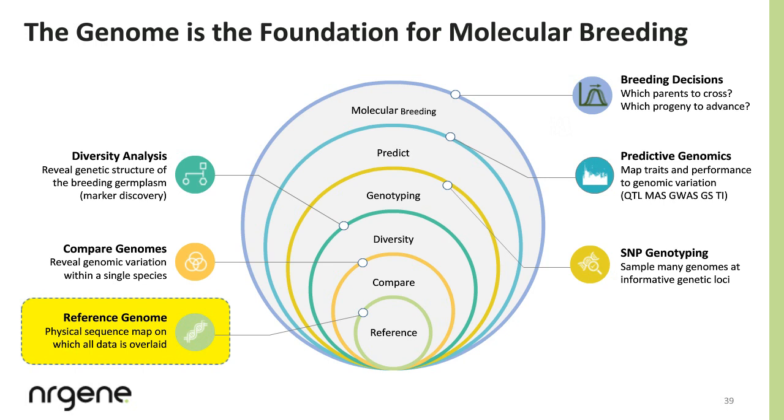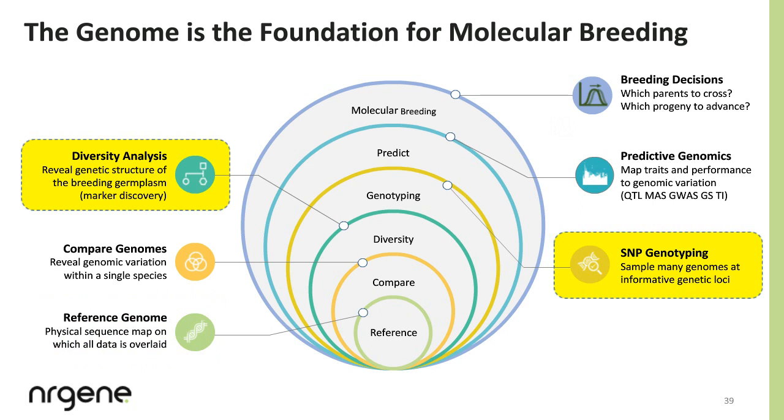We offer products and services that address all levels of this hierarchy, starting from the reference genome on the bottom left. Of course, I'm not going to talk about all of those today. What I do want to focus on is SNP genotyping and the diversity analysis that goes into it, in the mid-range of this hierarchy.